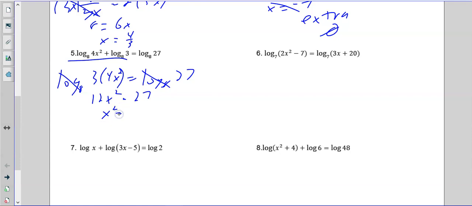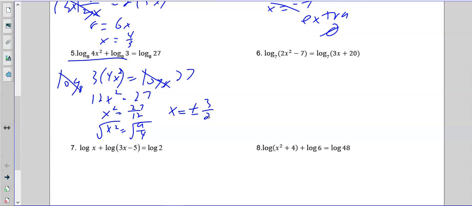X squared equals 27 over 12. But you can simplify this, which you need to kind of do, to make your life easier, before you take the square root. Divide both of them by 3, and you have 9 over 4. So then when you square root both sides, guess what you get? X equals plus or minus 3 over 2. Much easier to simplify first and square root than have to deal with it underneath the square root.